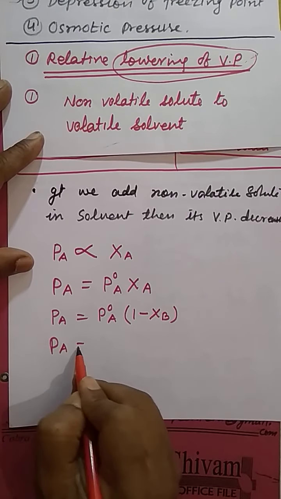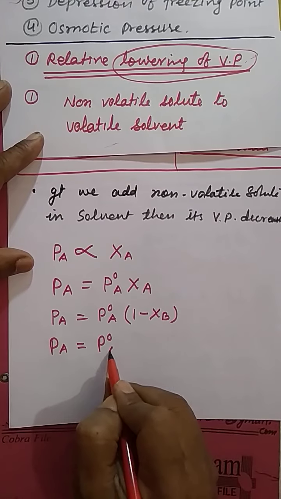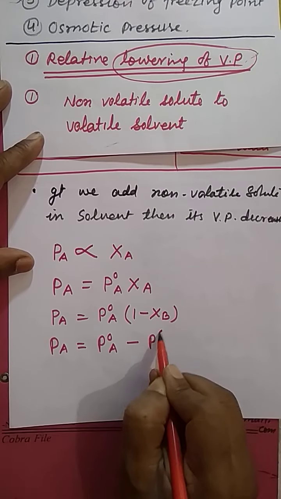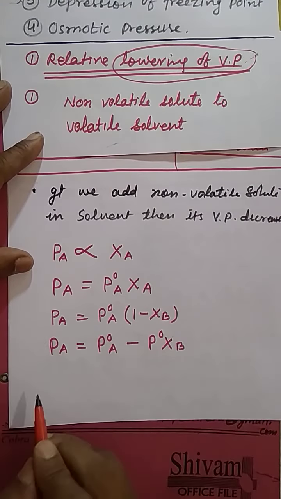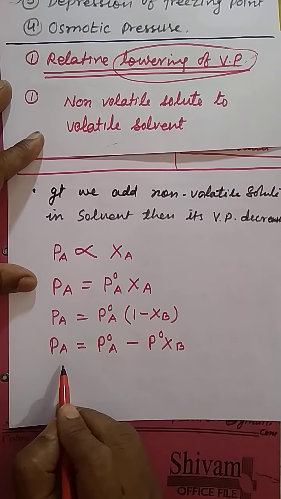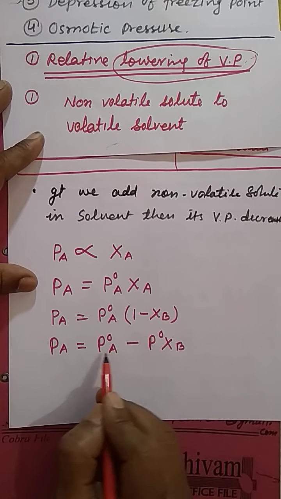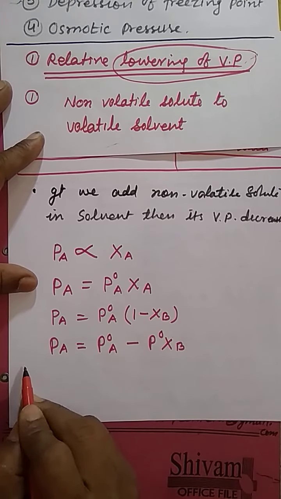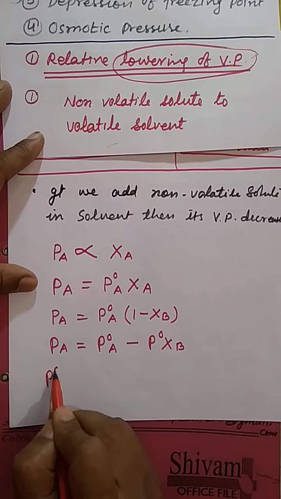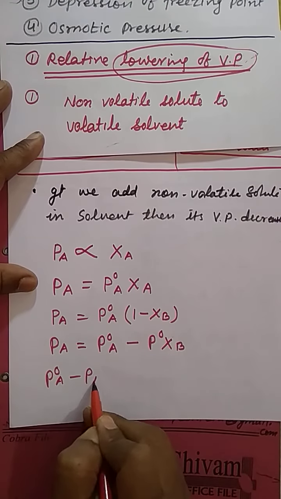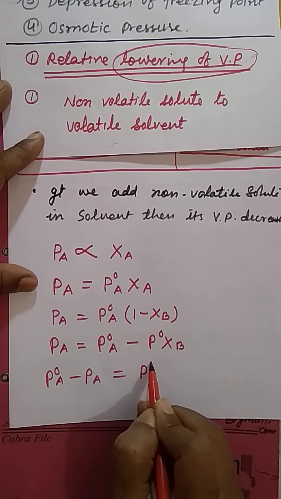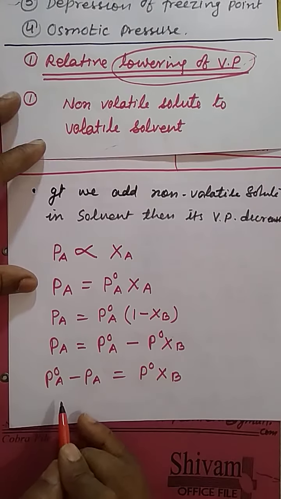Now PA is equal to P naught A minus P naught A XB. Or you can write in this way, this is P naught A minus PA, this is equal to P naught A XB.